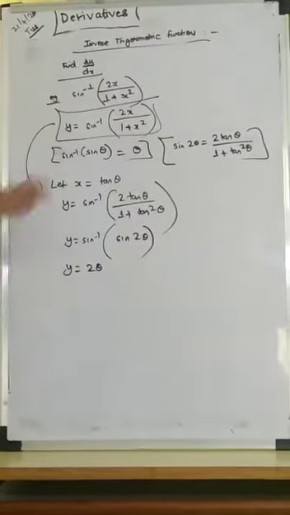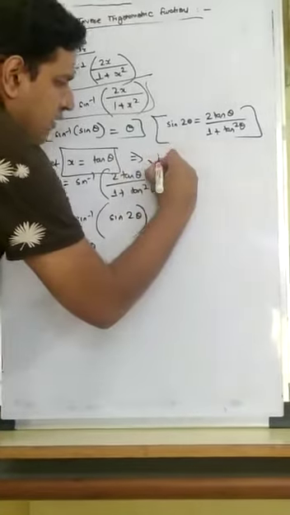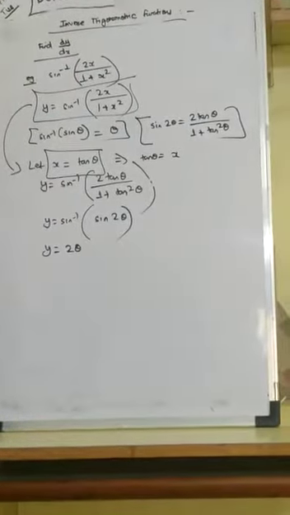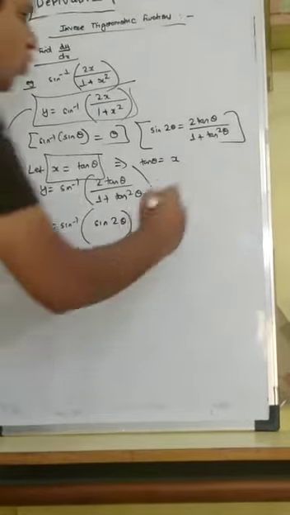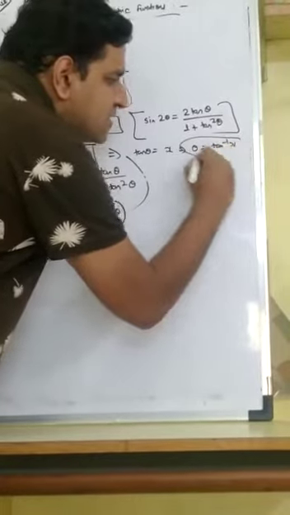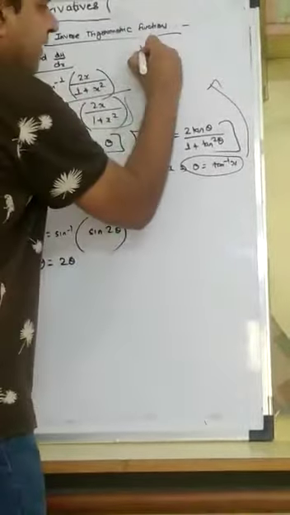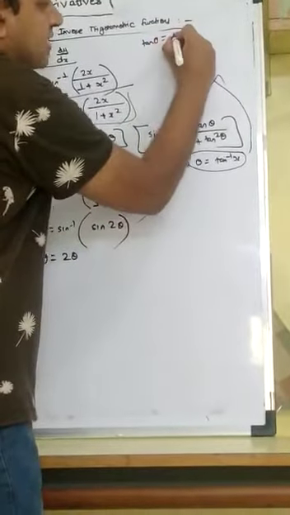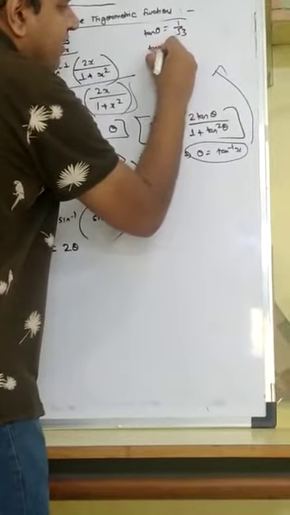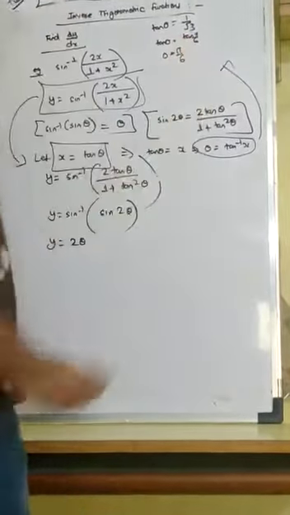What did I assume x to be? I assumed tan theta to be equal to x. So, what is my theta here? It is nothing but tan inverse x. To just brush up your memory, we just saw on the earlier slide, if tan theta is equal to 1 by root 3, tan theta is equal to tan pi by 6, theta is equal to pi by 6.